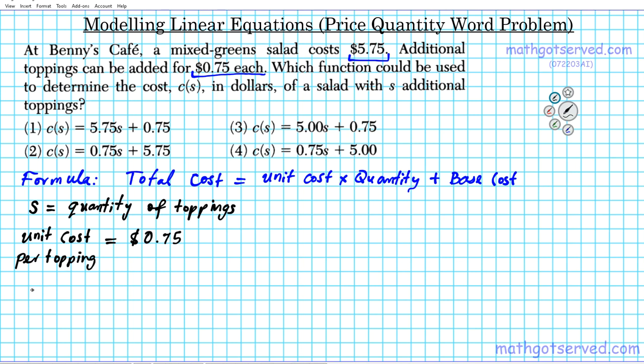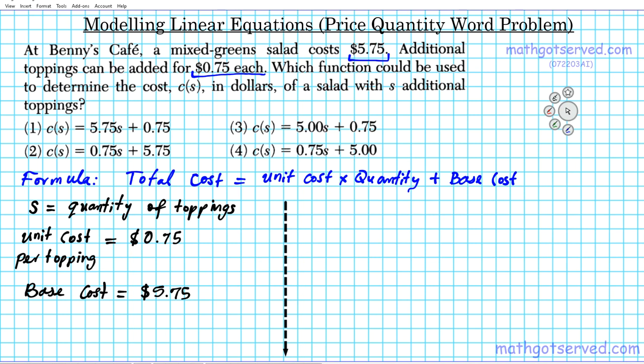All right, and then you're gonna also have to add on the base cost. The base cost for this particular cost function is $5.75. Okay, so we have enough information to come up with a mathematical model to help us calculate the cost if you order S toppings.